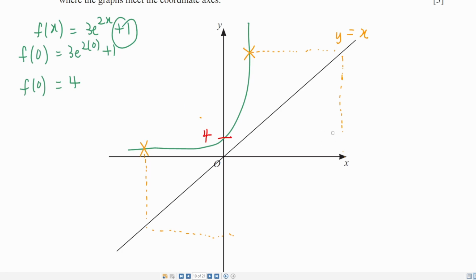Oh, I've made a mistake here. This shouldn't be so far extended. Okay, so now we can plot 2 new points here once they are reflected in the line y is equal to x, and then we can draw our inverse graph. So let's use blue for our inverse. Oh, okay, it slightly doesn't hit, but that's alright.